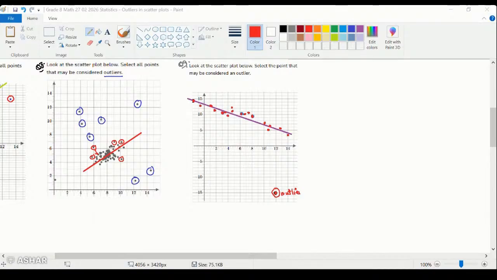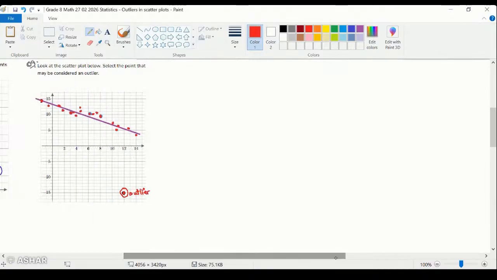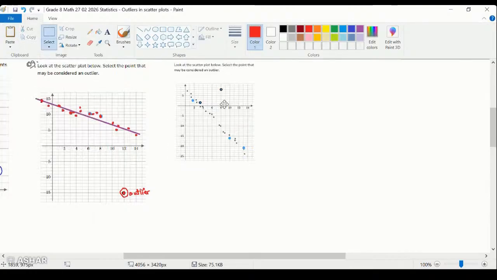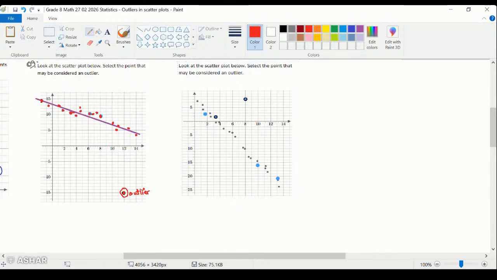If we have a scatter plot and we need to look at an outlier, this is the information that has been given to us. Question number 10. We draw a line of best fit.